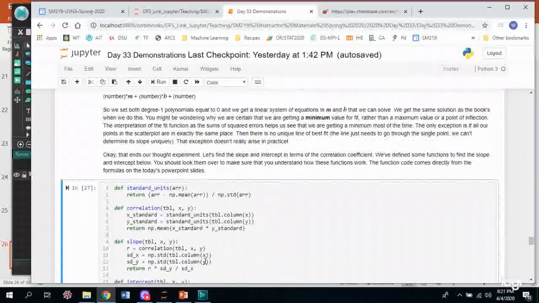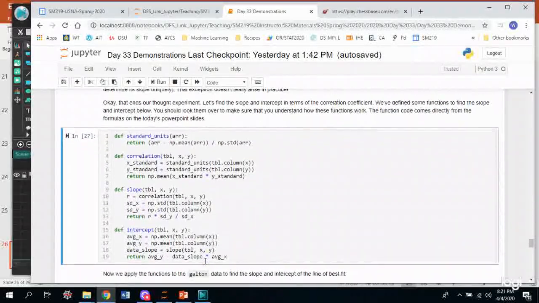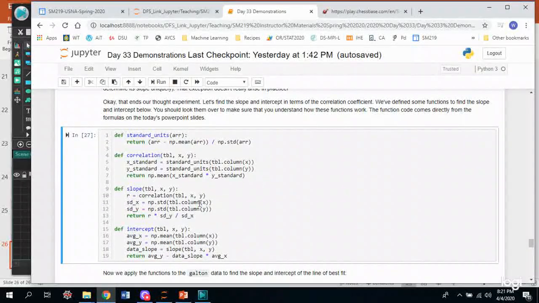Let's find the slope and intercept in terms of the correlation coefficient. And here in this code cell, I've defined a number of functions. We've already encountered the standard units function and the correlation function, but now we're defining the slope function.